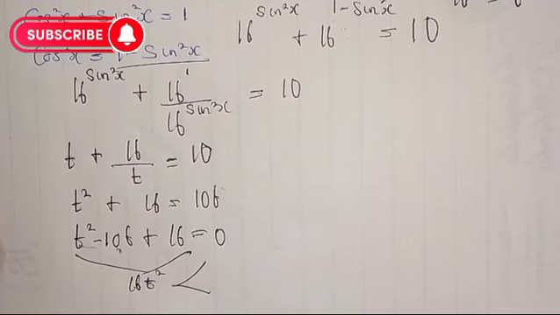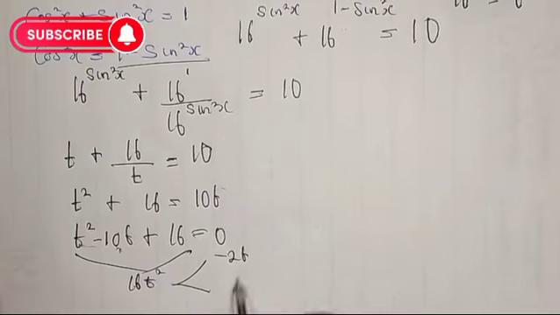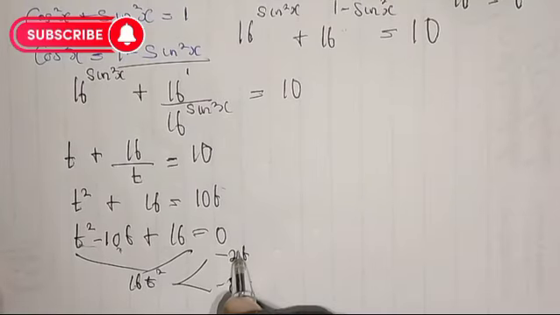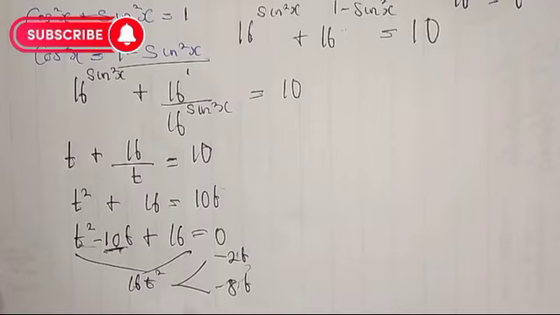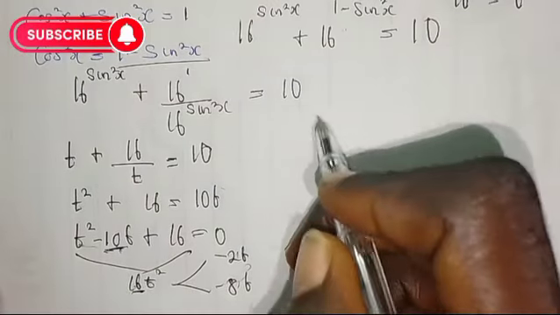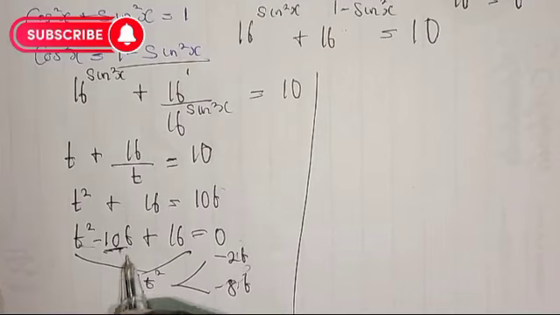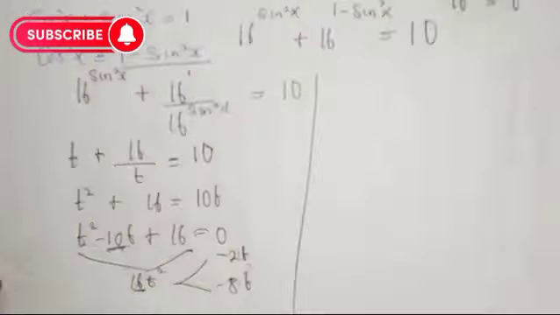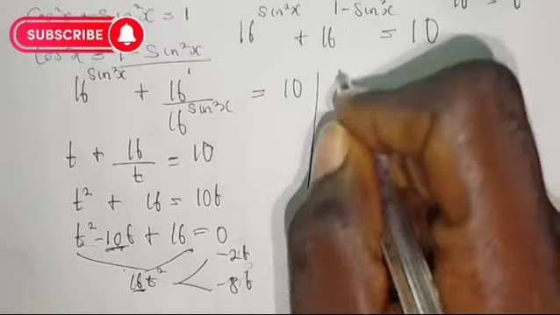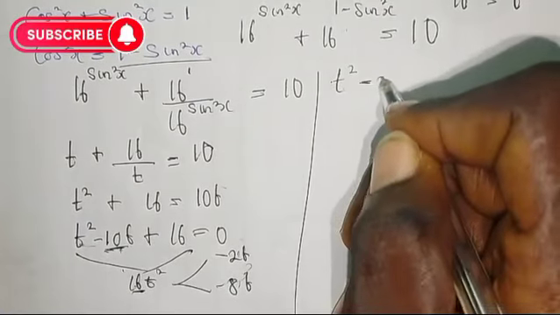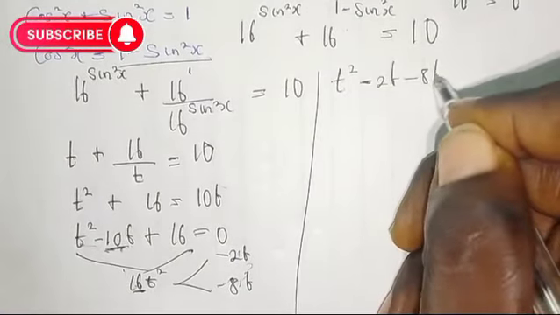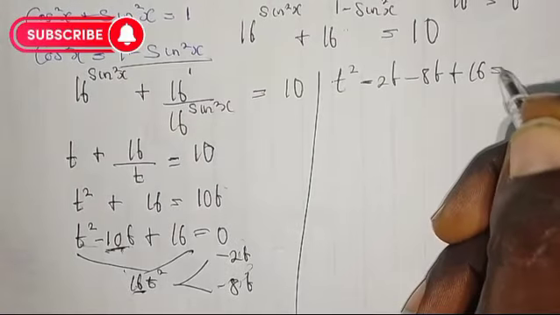So the two factors are minus 2t and minus 8t. When you add this together, you get this. When you multiply this, you get it. Now, let's substitute these two for minus 10t, right? So we have t squared minus 2t minus 8t plus 16 is equals to 0.